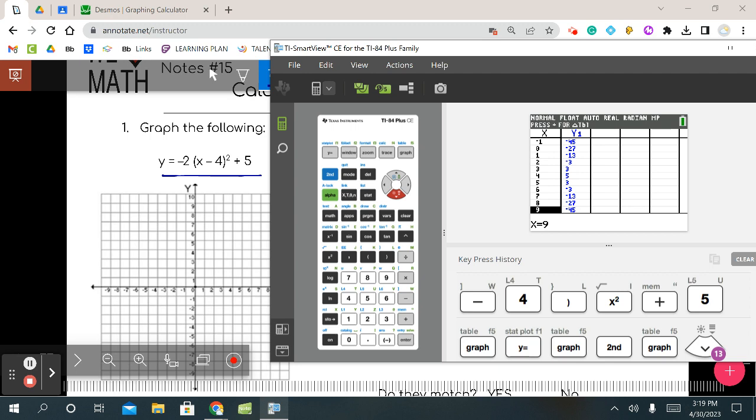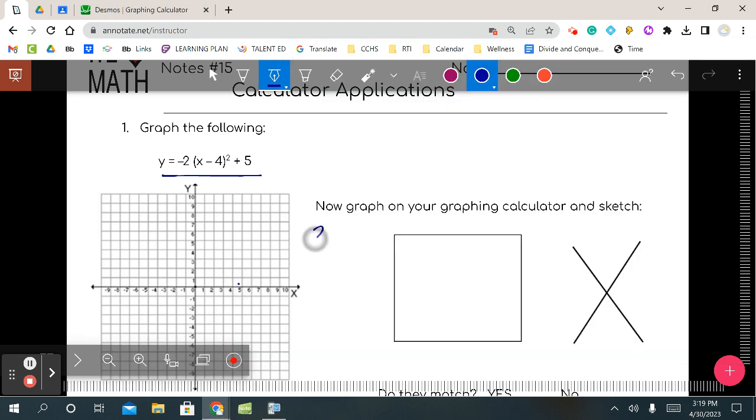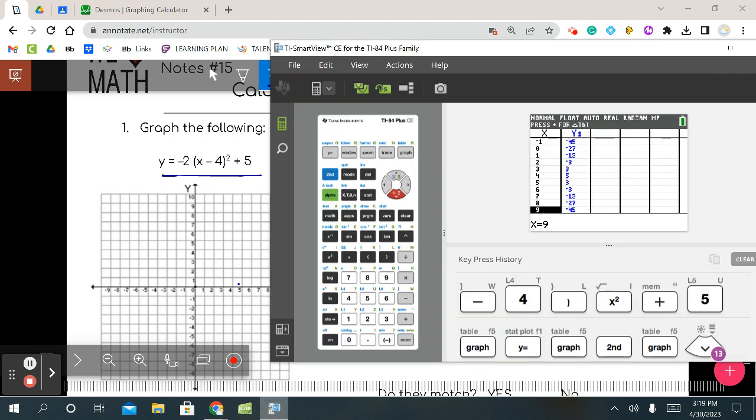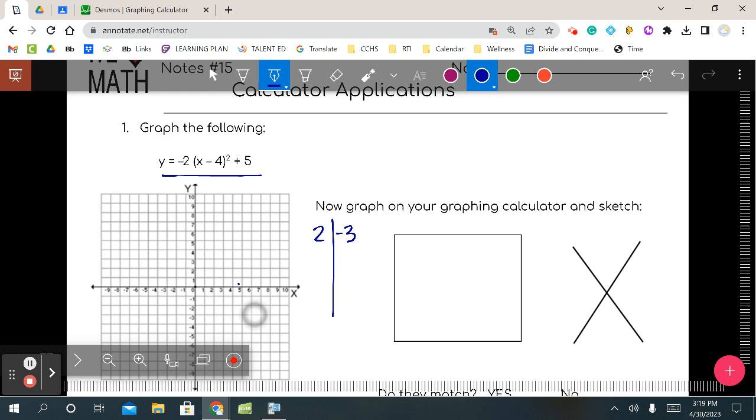So we're going to start at 2, -3. And then we have 3, 3, 4, 5, 5, 3, and then 6, -3.